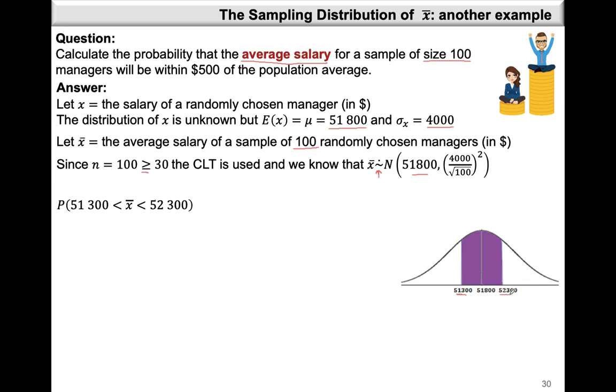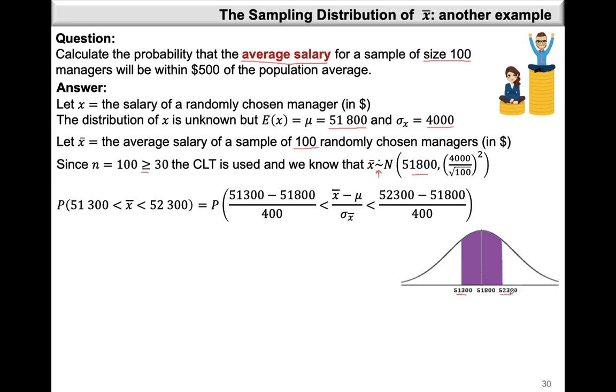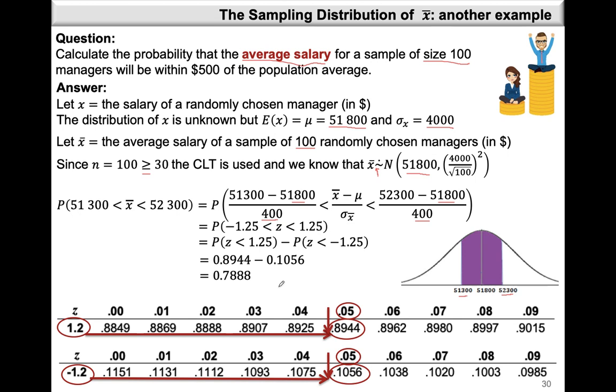So this is standardized by taking away the mean on both sides, and the mean is 51,800, and we divide by 400, which is the standard deviation of X bar. So this is equal to the probability of Z between minus 1.25 and positive 1.25. And this is equal to the probability of Z less than 1.25 minus the probability of Z less than minus 1.25. So the difference between the two probabilities gives us our final answer of 0.7888.